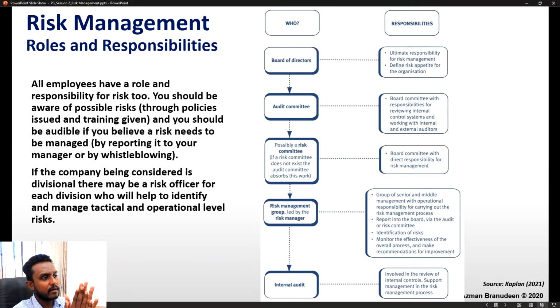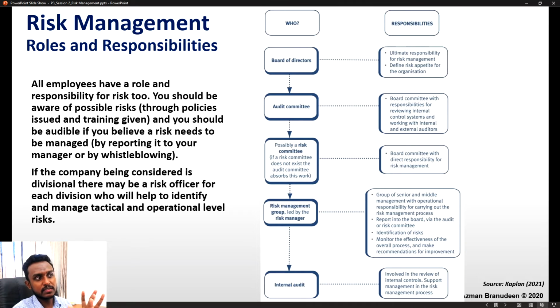If we focus our attention on a few key stakeholders and what their responsibilities involve, let's start with the audit committee. If there is no risk committee, the audit committee will be there. It is the board committee with responsibilities for reviewing internal control systems and working with internal and external auditors.